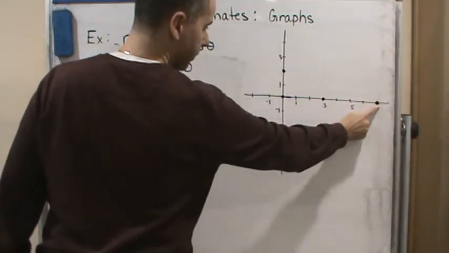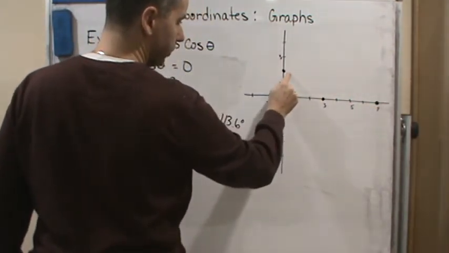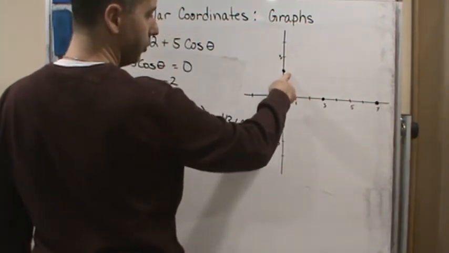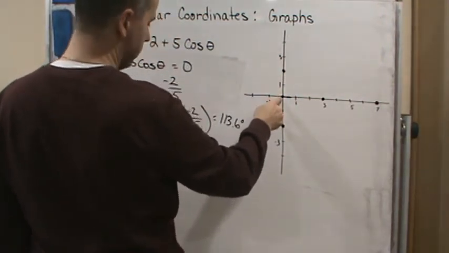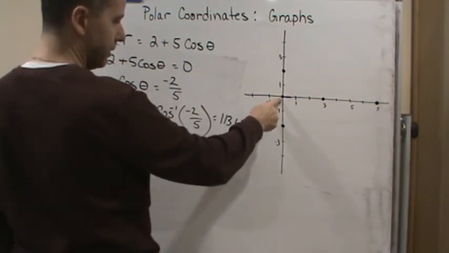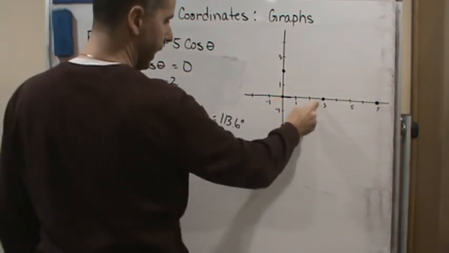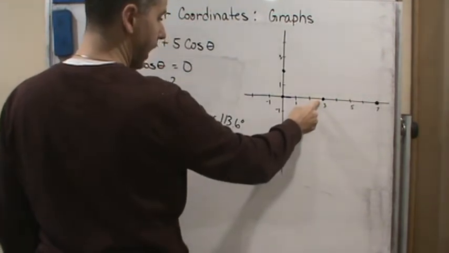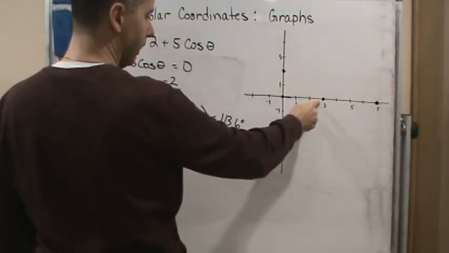So we've got some points, and again, remember where this happens, right? So this is 0, pi over 2, 113 degrees, right? 113.6 or 1.98 radians. And then at pi.